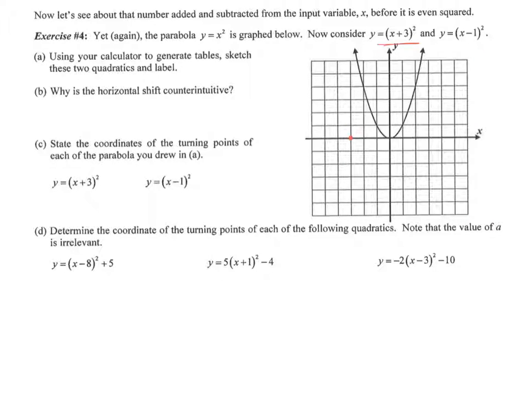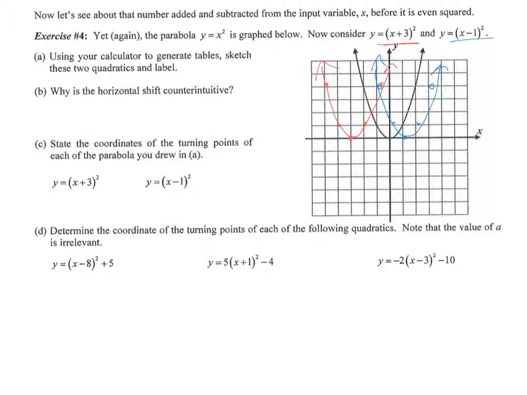The turning point is going to be negative 3, 0. The pattern is the same, up 1 over 1, up 3 over 1. For the next one, the turning point is 1, 0, and the pattern is the same.